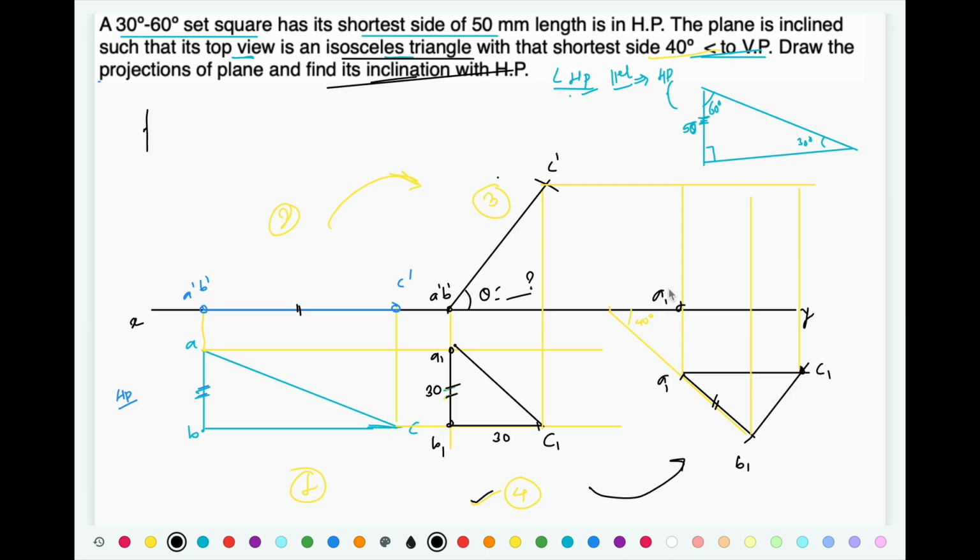So this is A1 dash, this is B1 dash, and this is C1 dash. So this is one of the side, this is another side, and this is AC. So this is going to be our front view.